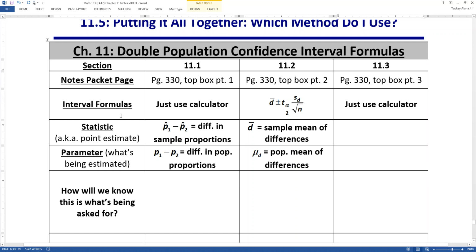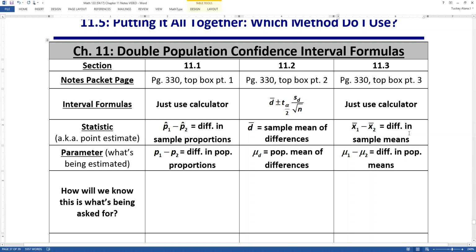Now 11.3 with the independent means works a lot more like proportions. They're two separate groups. They're not matched. So you have x bar 1 and x bar 2, and the difference between those two is your statistic. And then mu 1 and mu 2, the difference between those two is your parameter.